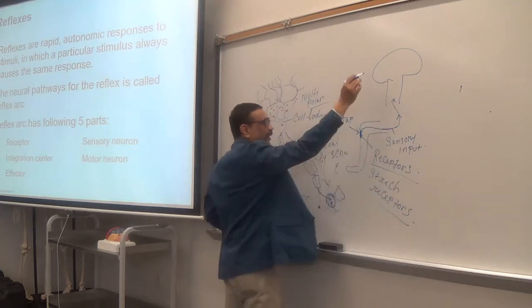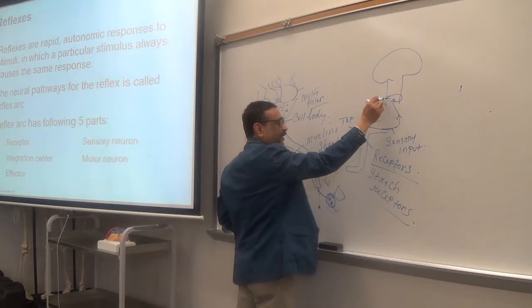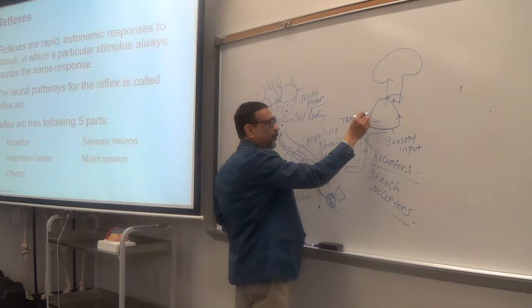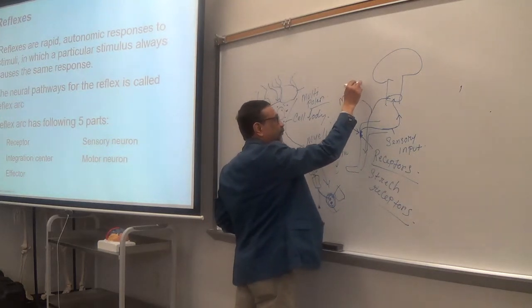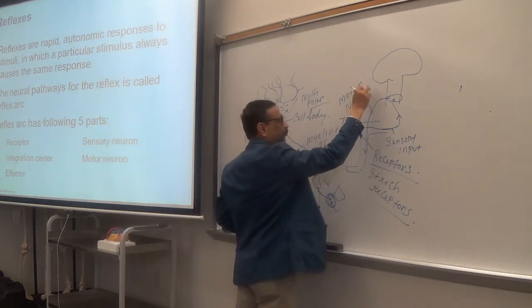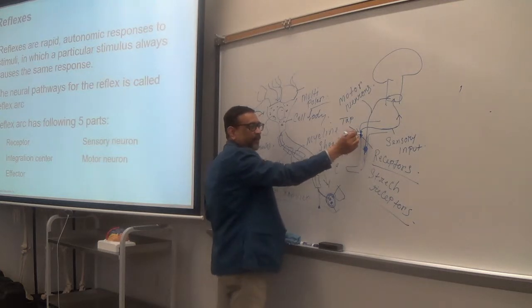Input, and then your spinal cord will quickly send signal back to the muscles here through the motor output. So motor neurons, and will work on the muscles of the leg, not on the patellar ligament.